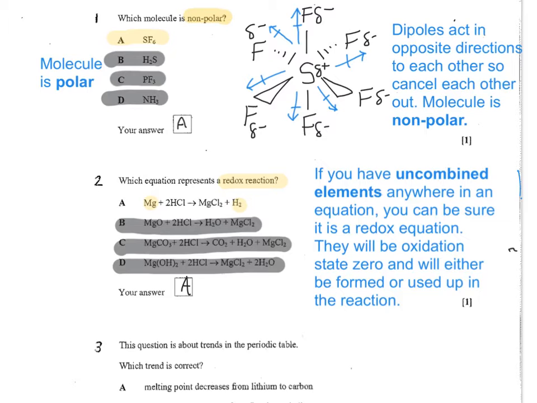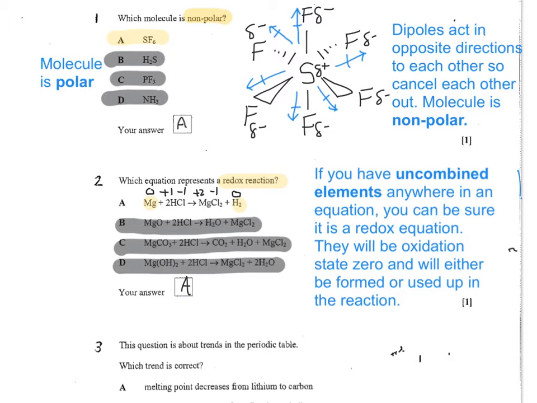So if you take those two to be 0, the hydrogen is +1, the chlorine would be -1, magnesium, being in group 2, would be +2.